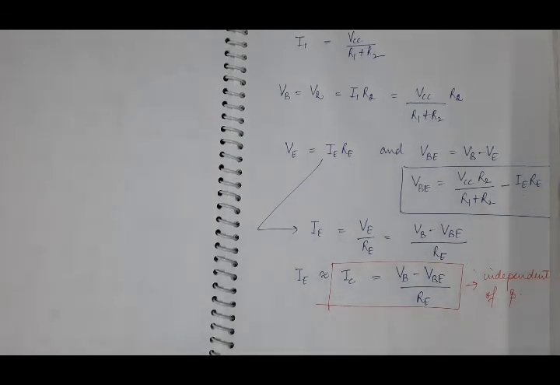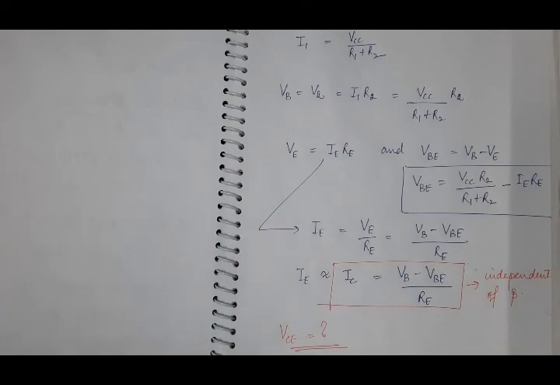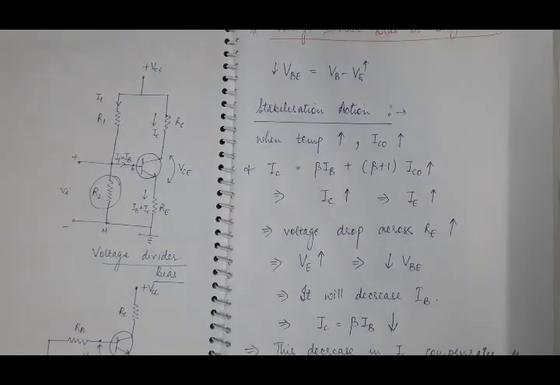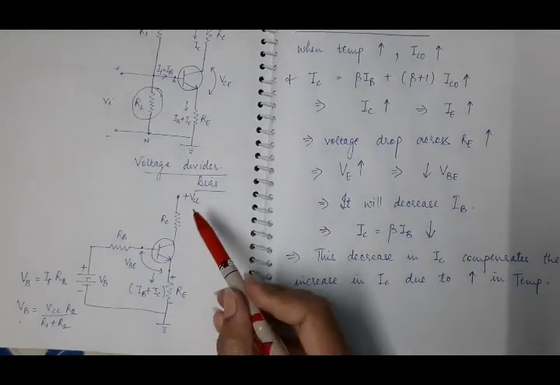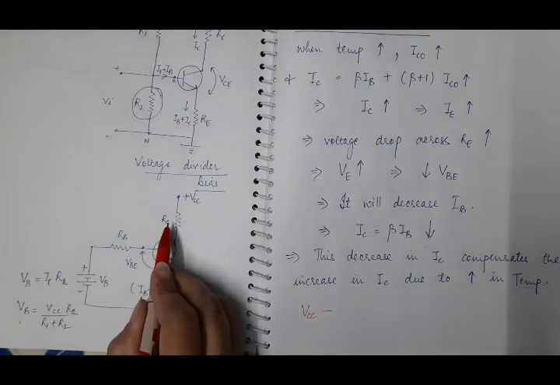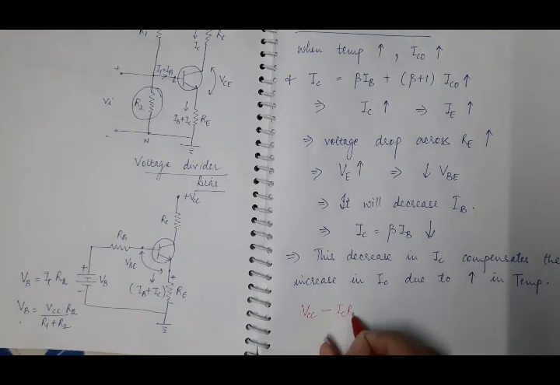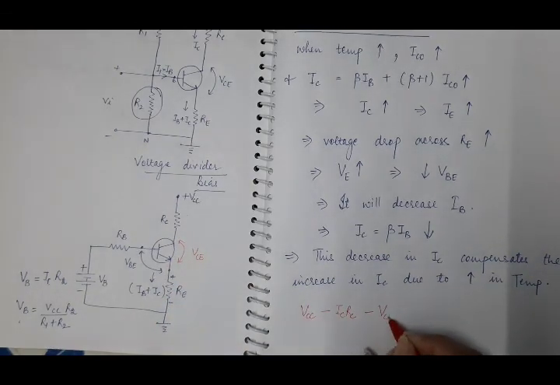Now find the value of the second coordinate of the operating point, which is VCE. Apply Kirchhoff's voltage law to the output circuit. It will be VCC minus IC RC minus the voltage across this terminal, which is VCE, so minus VCE.